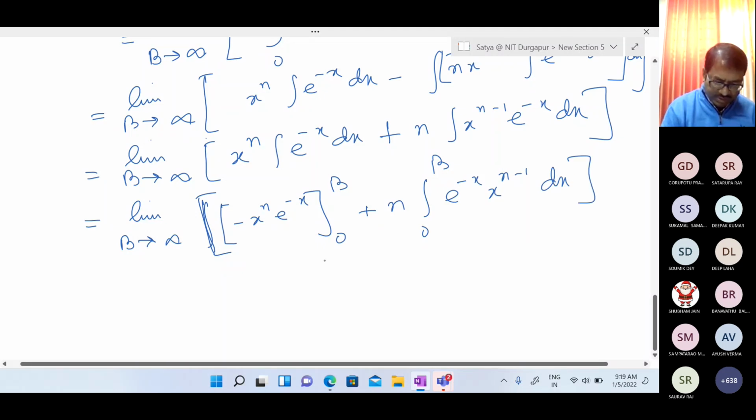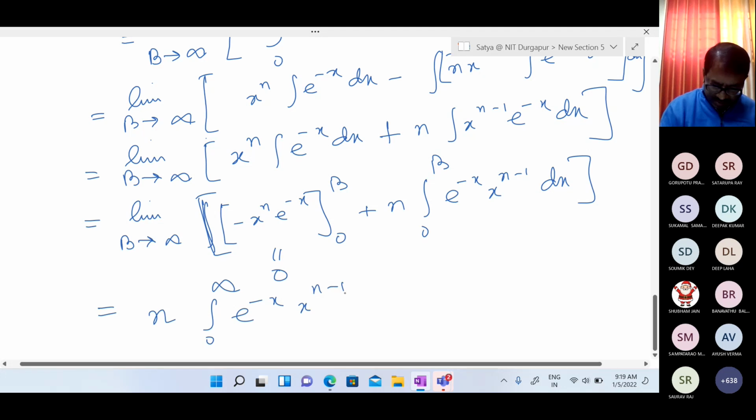You can see this portion will be 0. On the right side, if we take beta tends to infinity, finally it will be 0, and it is n times the integration over 0 to infinity of e to the power minus x, x to the power n minus 1 dx. This is gamma n, so we are getting n gamma n.